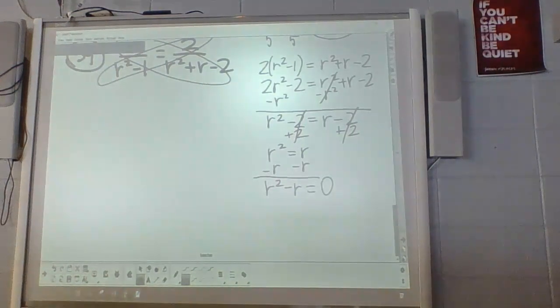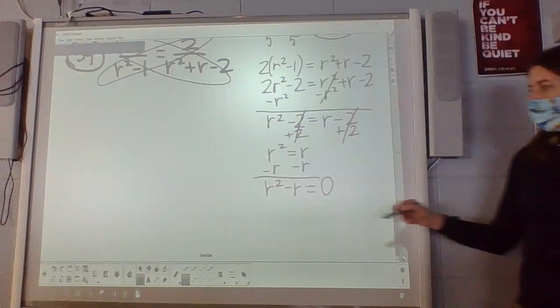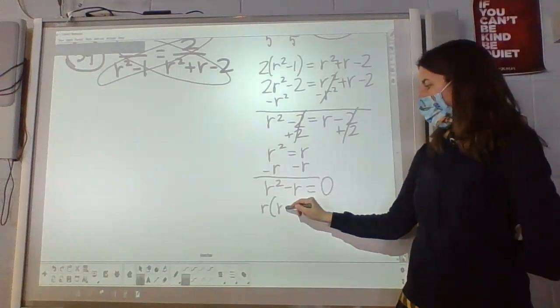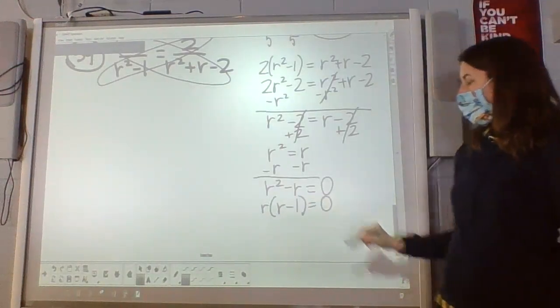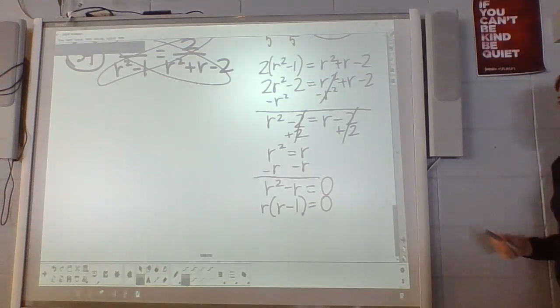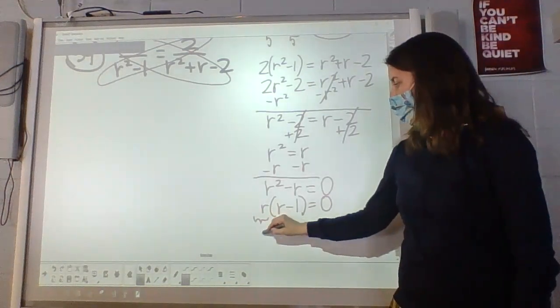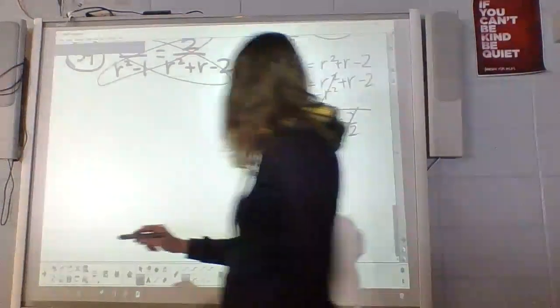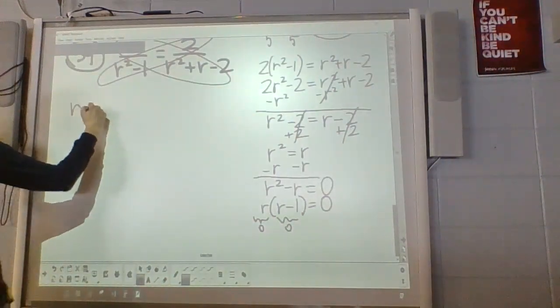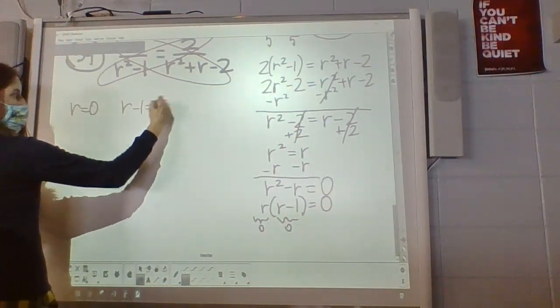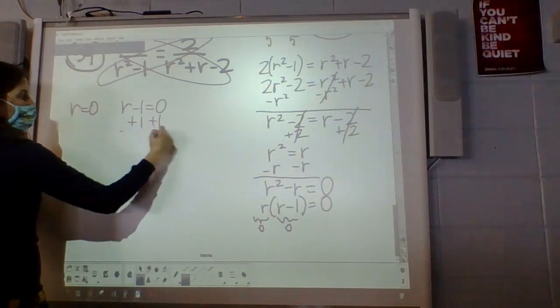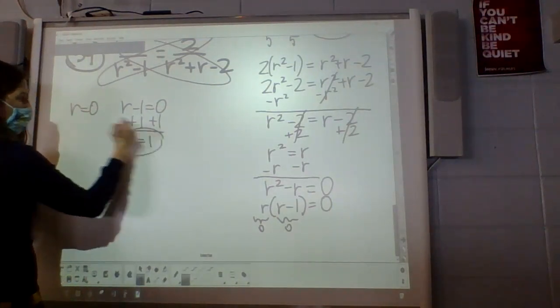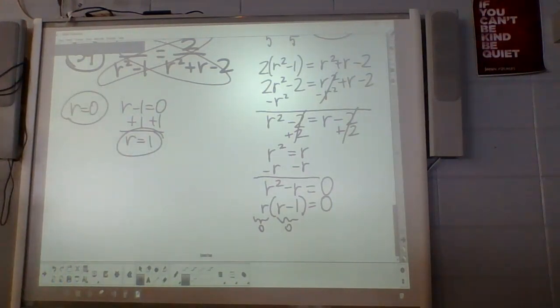Okay, so at this point, in order to solve this, I'm going to factor out an r. And I'm going to set each of these factors equal to 0. So I have r equals 0 and r minus 1 equals 0. So I find out r is 1 and also r is 0. But I have to check my answers.